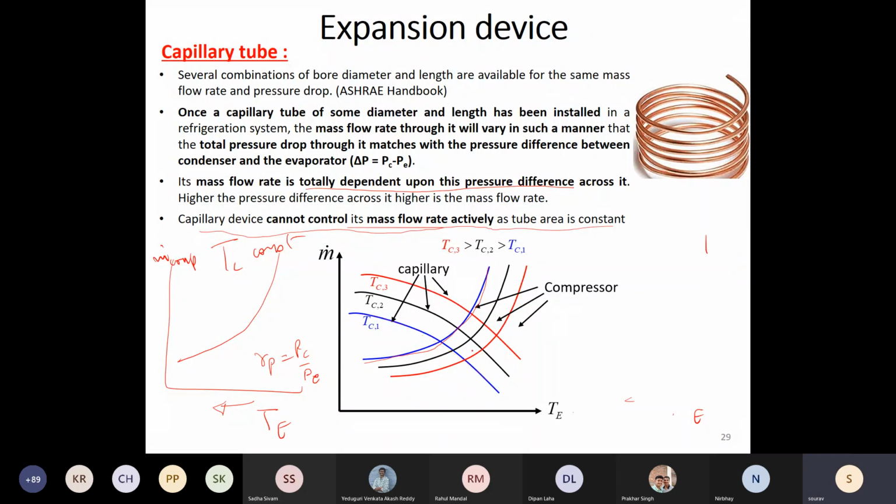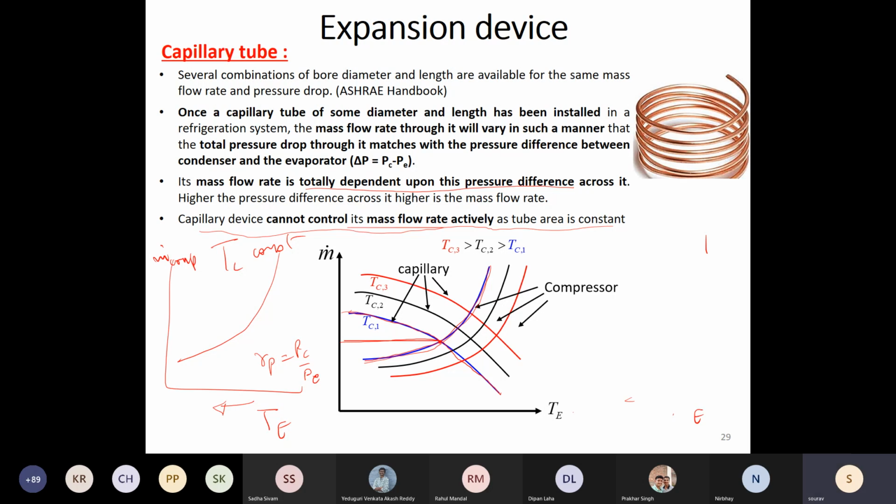So let's say for the same TC, I have drawn the curve for the compressor, and I have drawn the curve for the capillary tube. Wherever these two curves intersect, that is my graphical solution to the two simultaneous equations. I have one characteristic equation for the capillary tube and another for the compressor, and I ask you what is the evaporator temperature at which both these mass flow rates will be equal.